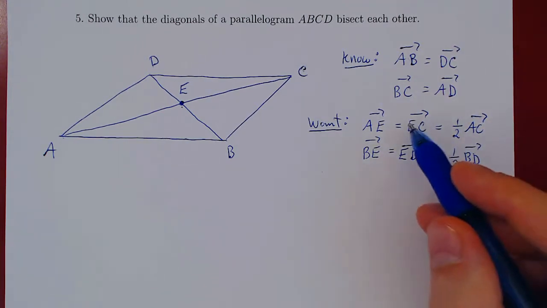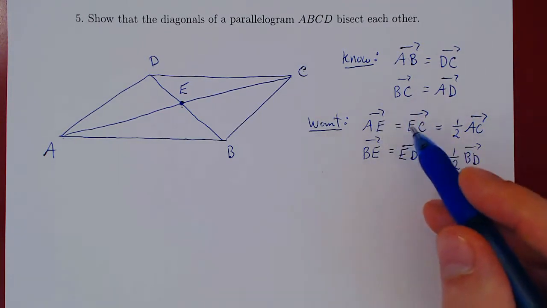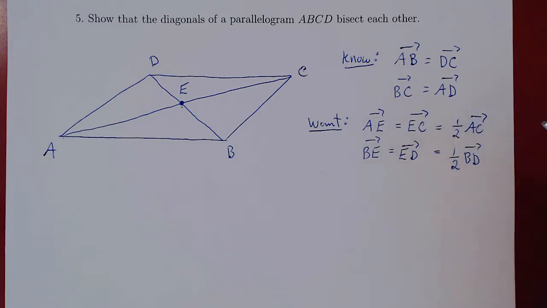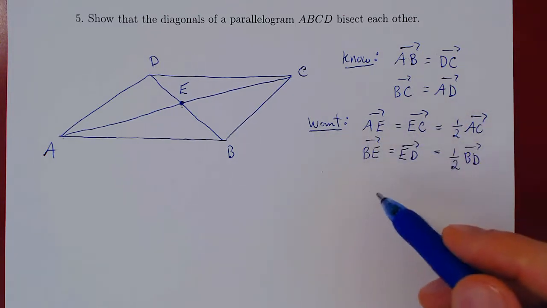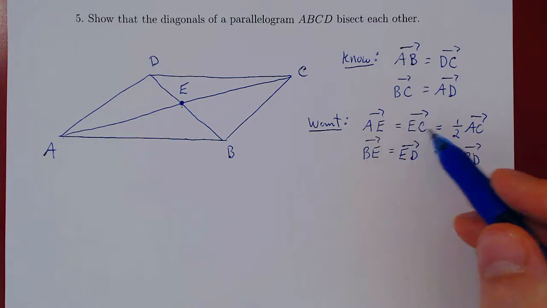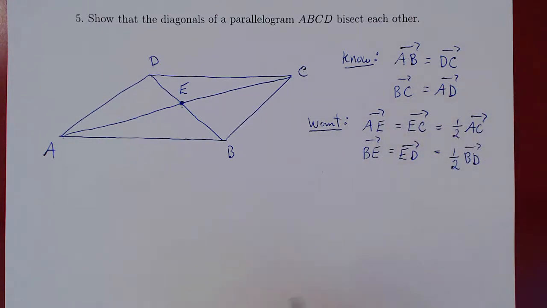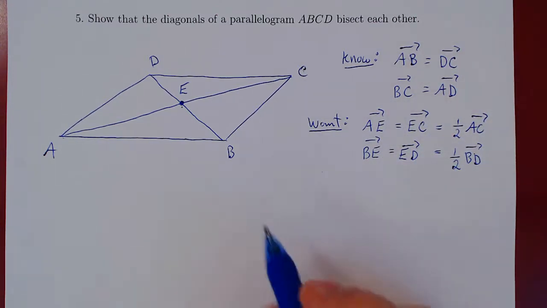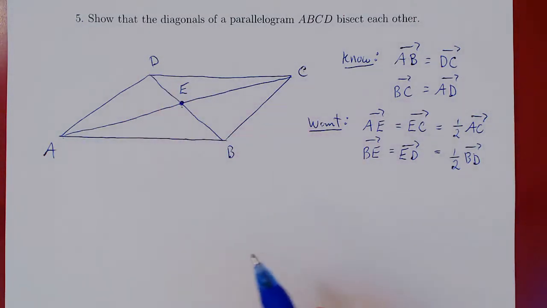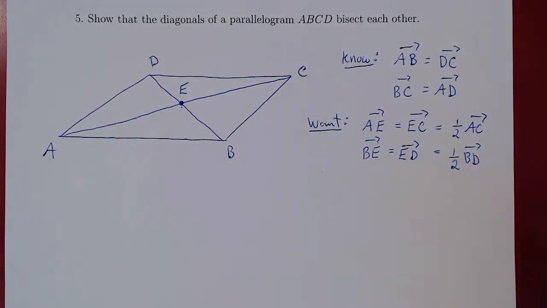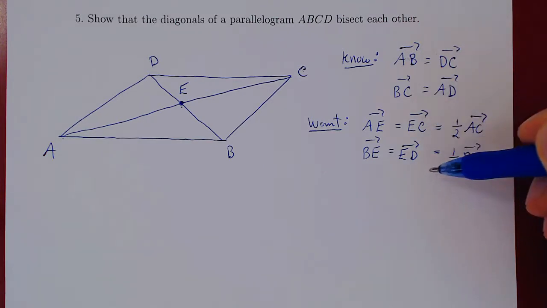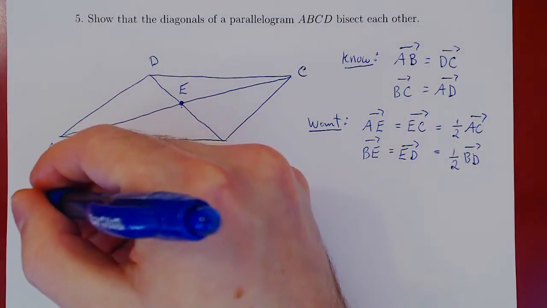And you can prove either in each case this equality or this one, and automatically the other equality will be true. So as long as you prove either this one or this one in both cases, then you'll have the result that the diagonals bisect each other. Well, now that we have clearly our assumptions, what we want to show, let's start our solution.